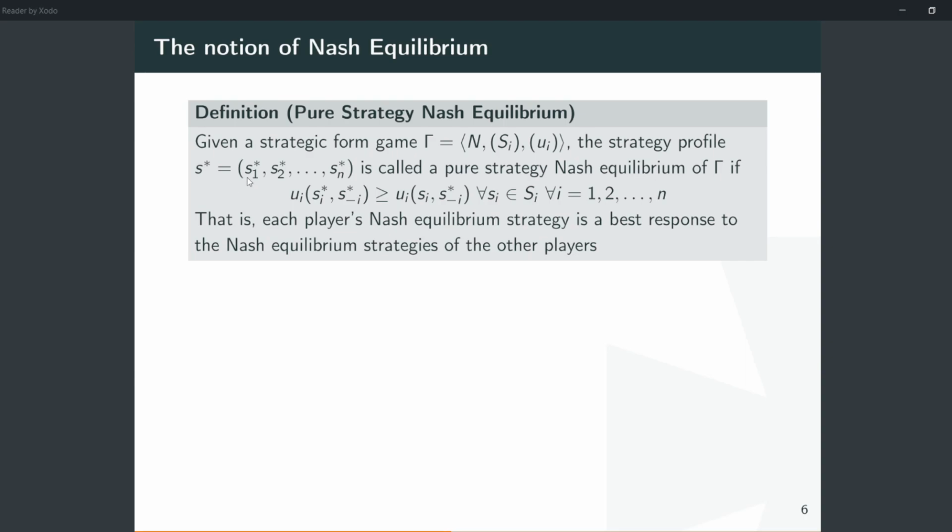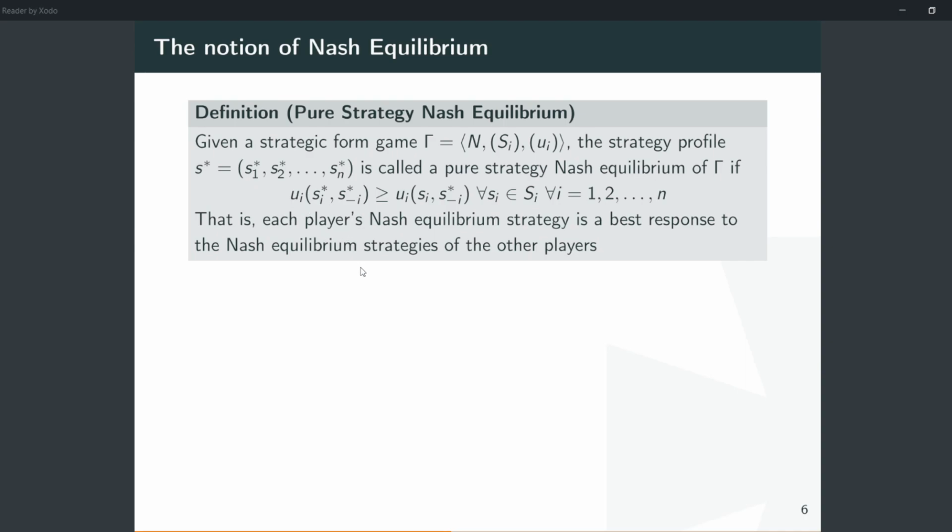That is, if a player chooses some other strategy, where S minus i means all the strategies that are not that of the same player, then they can't get a higher payoff. So the payoff will be maximum for this.